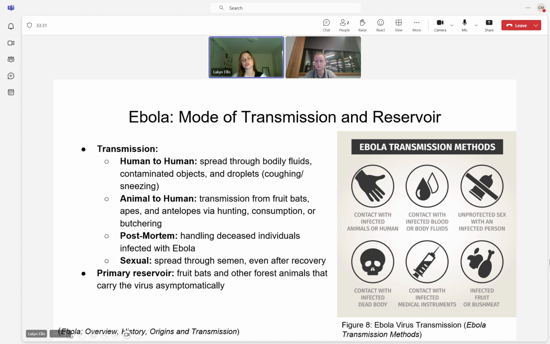And then it's also transmitted through postmortem care. If a healthcare worker is dealing with someone who has passed from the virus, they need to make sure they're taking precautions so that they themselves don't get the virus and that the people around them in burial sites don't get the virus as well. And it's also spread through sexual transmission through semen, even after an individual has recovered.